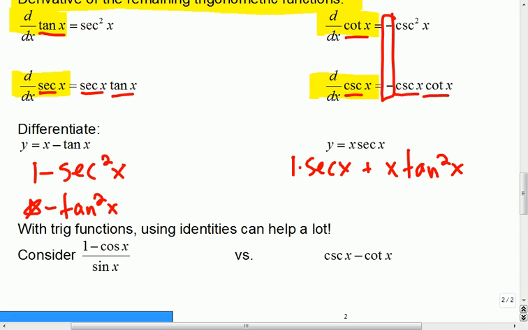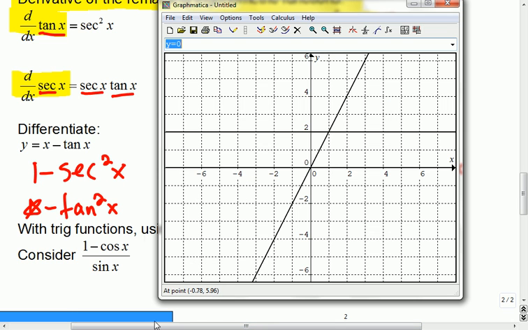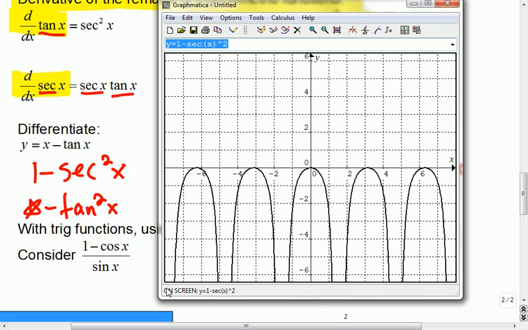Okay. So trig identities, you may end up seeing a different answer even though you're so convinced that you have it correct. So for example, here's y equals 1 minus secant x squared. Put it in your graphing calculator. There's the picture.